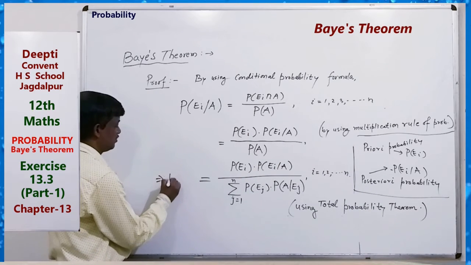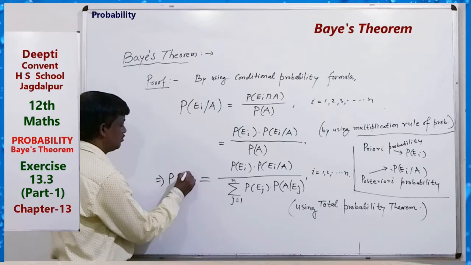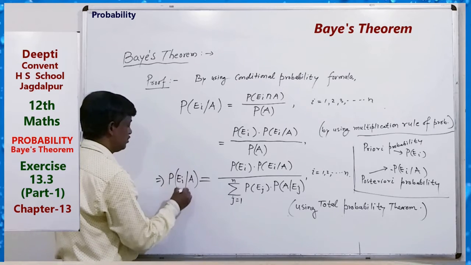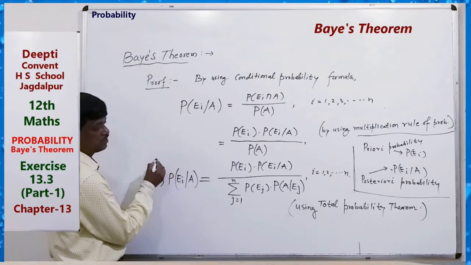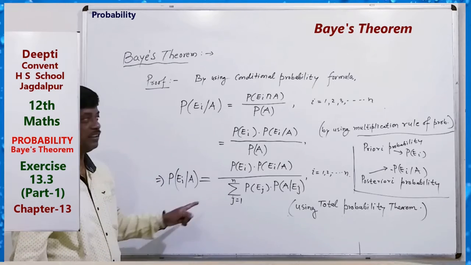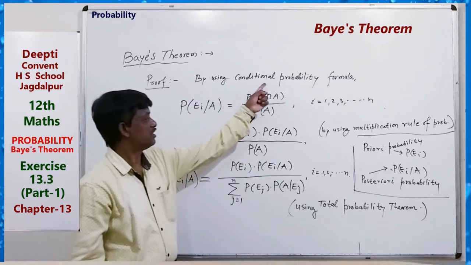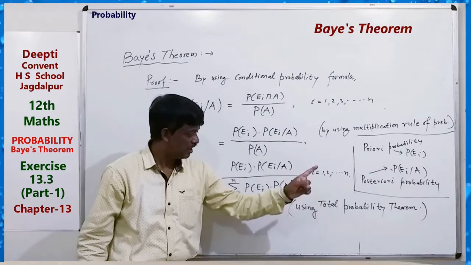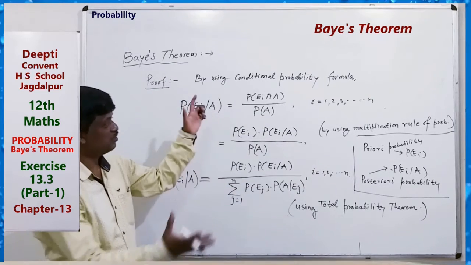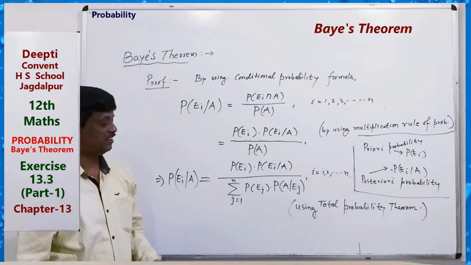So P(Ei by A) is equal to this. So this is our formula. Using conditional probability, the multiplication rule, and the total probability theorem, just using these three, we can get this.